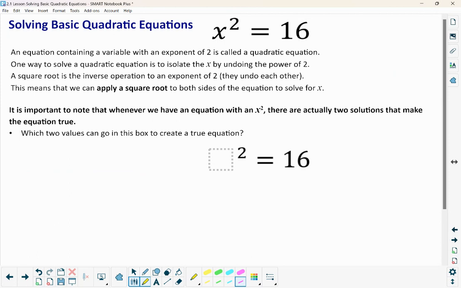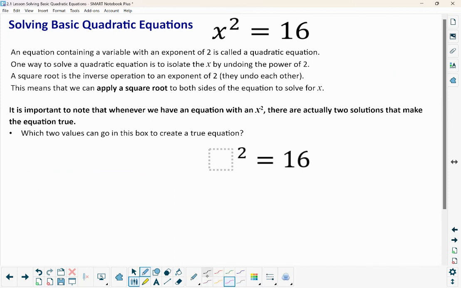So the way that we're going to get the x by itself is that we're going to apply a square root to both sides of the equation to solve for x. But this is a little bit trickier than when you worked on linear equations in previous classes. So when we have an equation like x squared equals 16, there are actually two solutions that make the equation true.